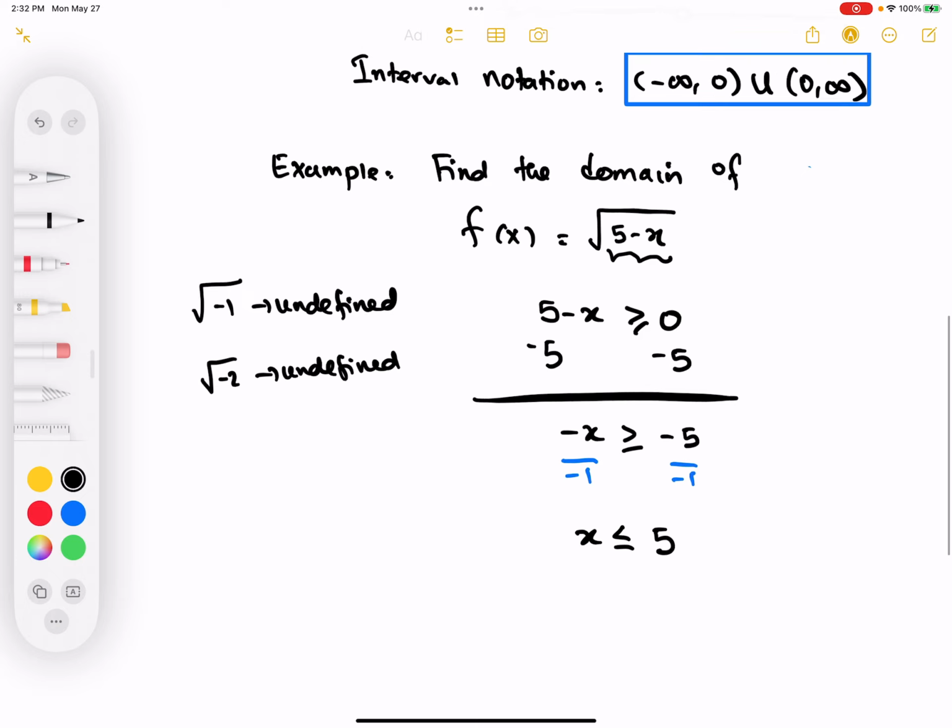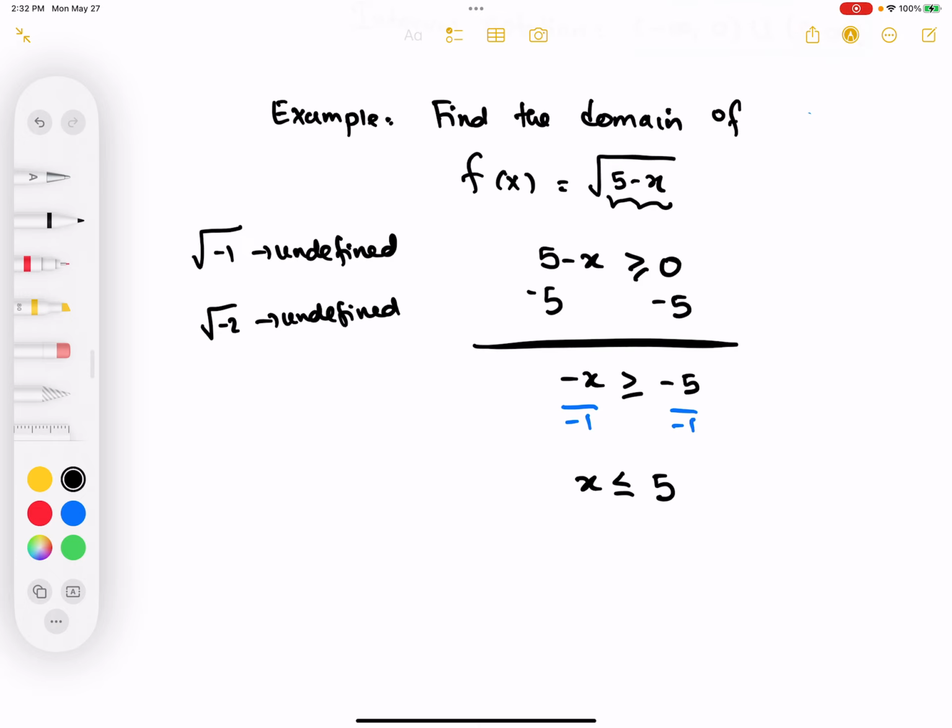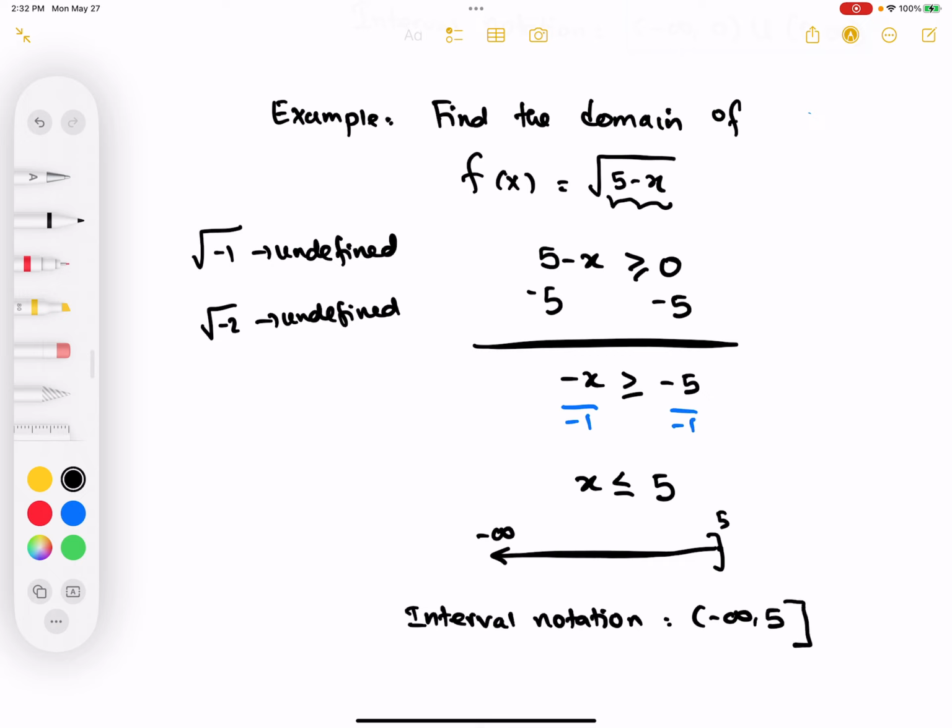In other words, x less than or equal to 5 means start from 5 and go to the left, which is negative infinity. So the interval notation is written as from negative infinity to 5 inclusive. This is the interval notation.